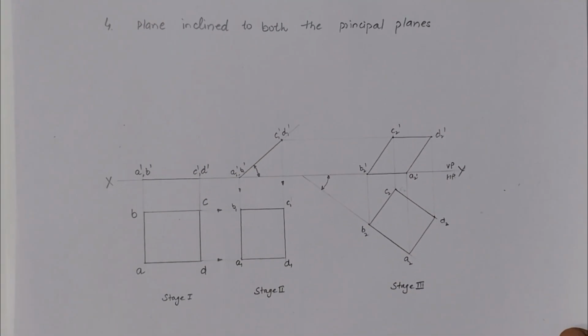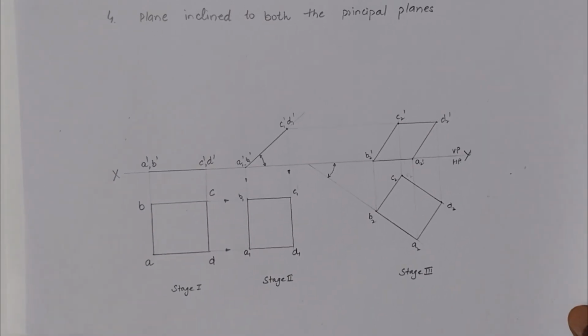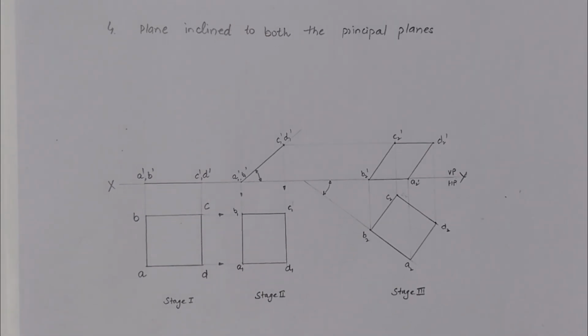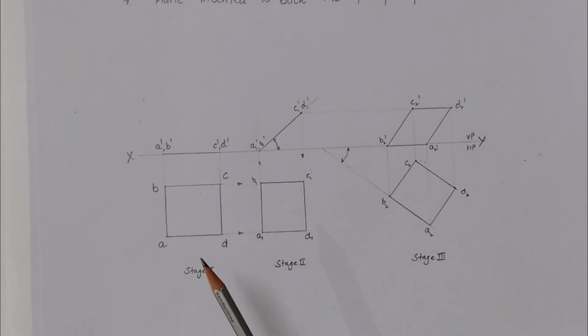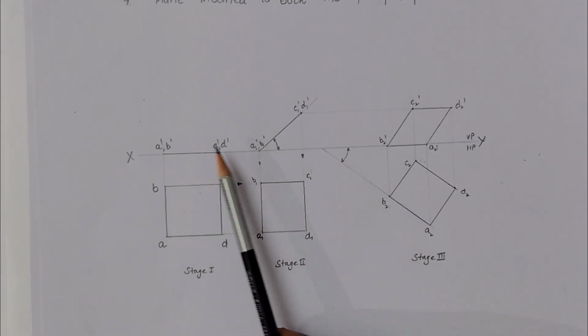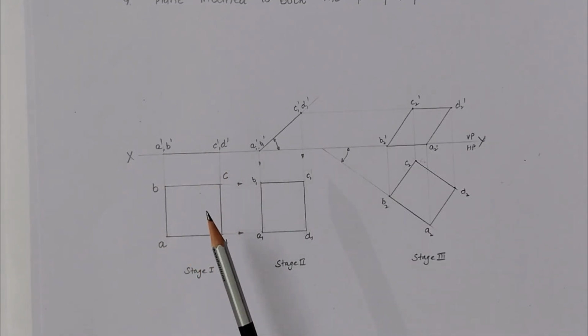Next case is when the plane is inclined to both the principal planes. In this case, we draw the top view and front view of the object by keeping the object parallel to the horizontal plane.